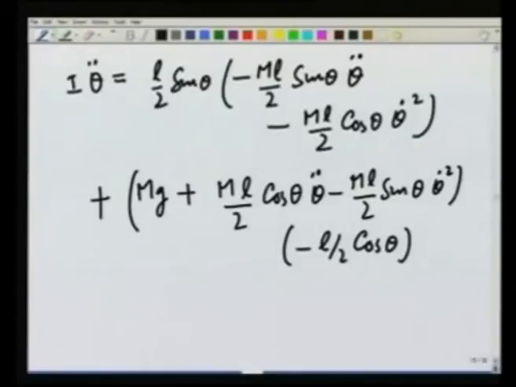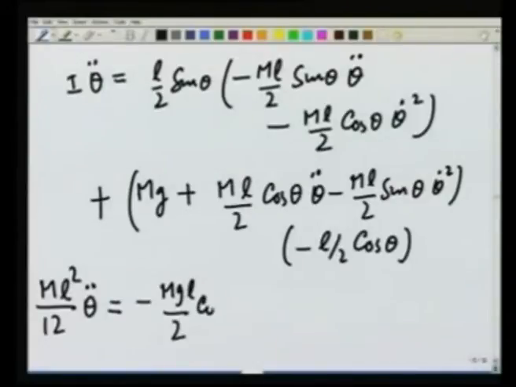Let us see what do we get when we add these two. So, on the left hand side I get m L square over 12 theta double dot is equal to minus mgL over 2 cosine of theta, that takes care of this term.